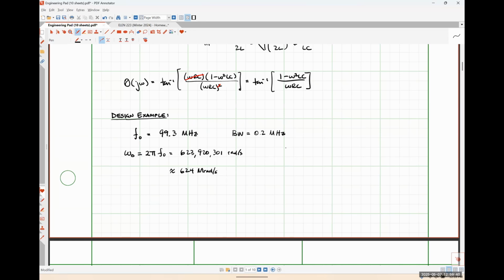Our bandwidth in terms of frequency is just going to be that 0.2 megahertz times 2 pi.